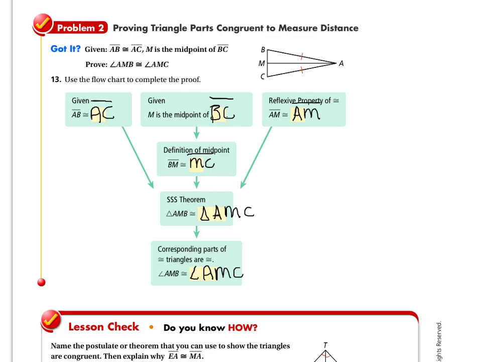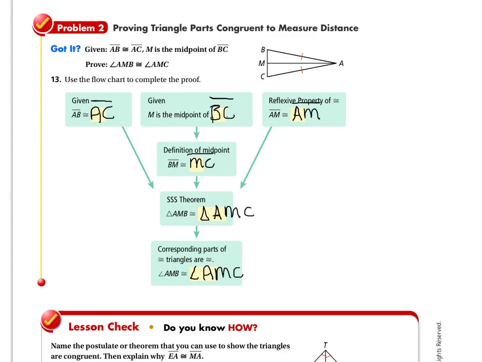Now since we have three congruent sides measured now, we can use our side-side-side theorem to prove that triangle AMB is congruent to triangle AMC.